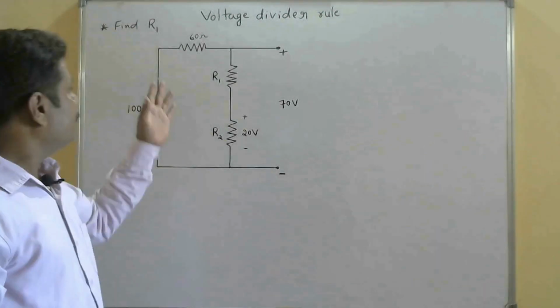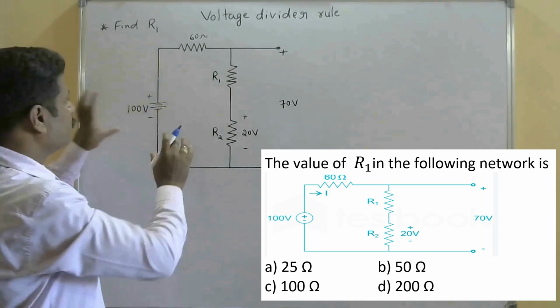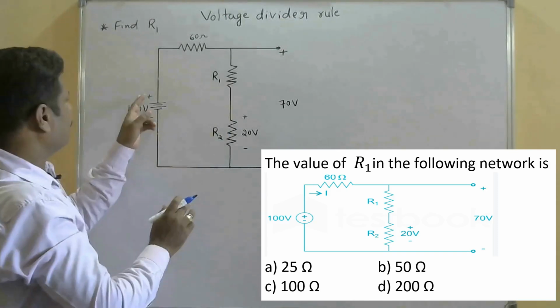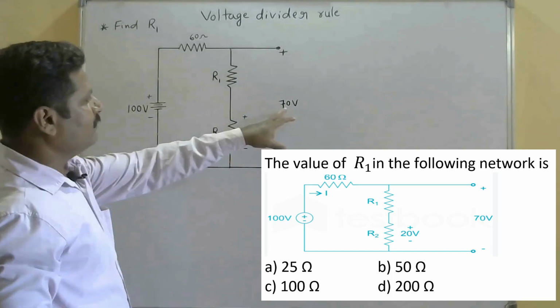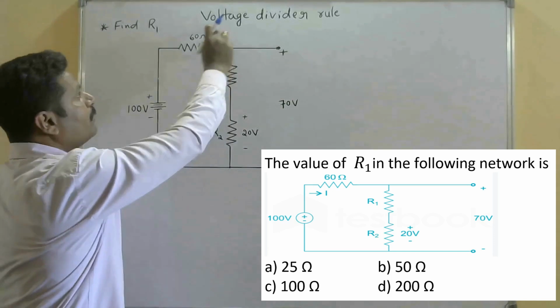Let me go to the next problem. In this problem we need to find the value of R1. Here two voltage sources are connected in opposite order, plus and plus, and this 70 volt is connected to this combination R2. Now we can apply the voltage divider rule.